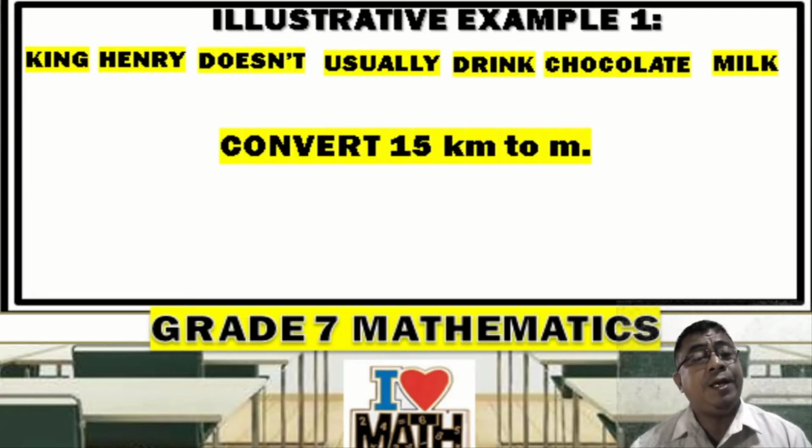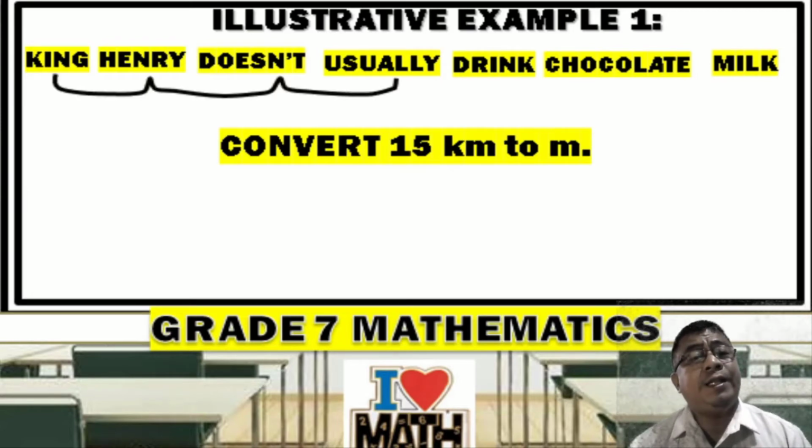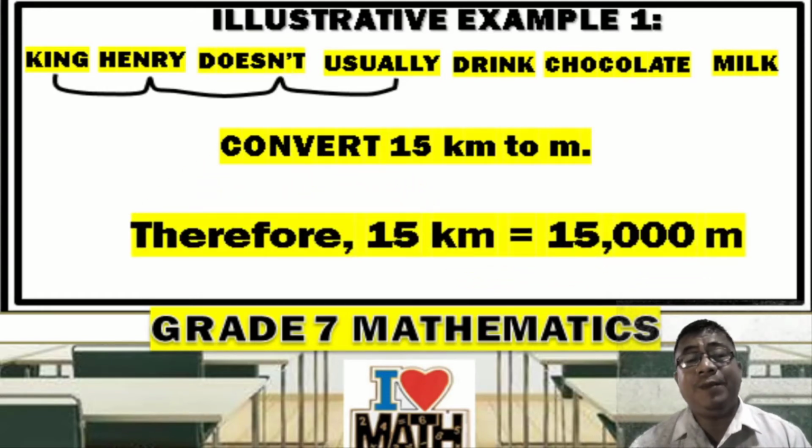So from here, we have to move 3 decimal places to the right, which means we're going to add 3 zeros to 15 kilometer. So we have 15 kilometer is equal to 15,000 meters. So take note of that.